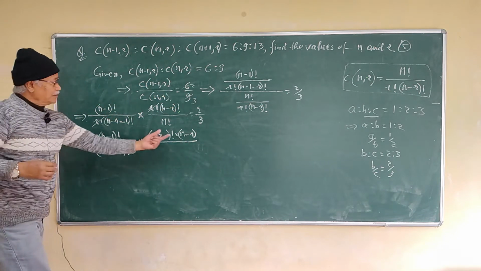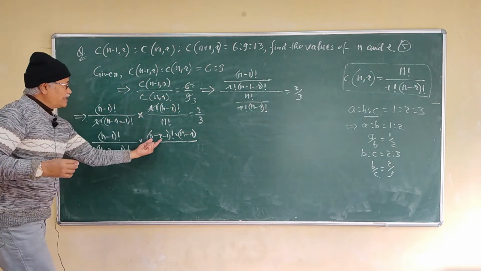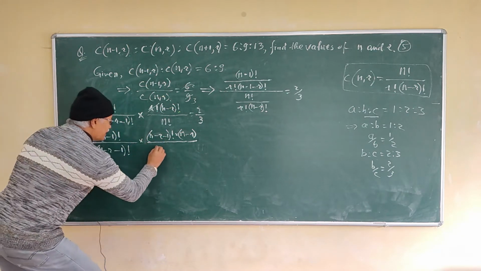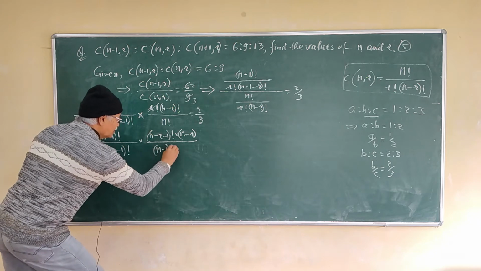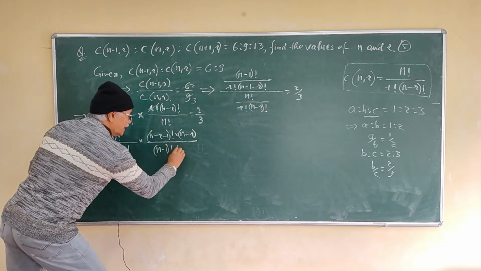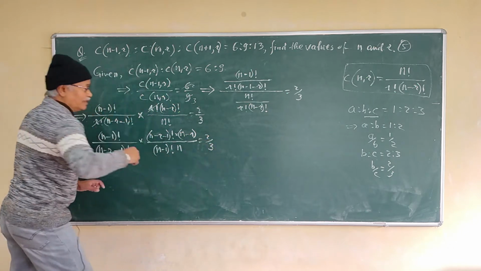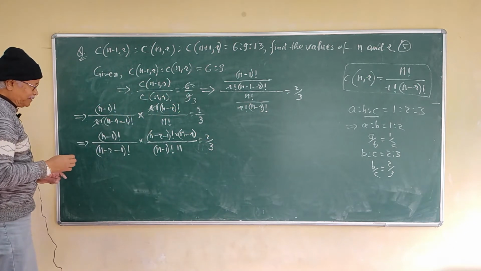Fine. So this is preceded by 1 less than that. And n factorial you can write as (n minus 1) factorial into n, is equal to 2 by 3. It will need some more space, right?